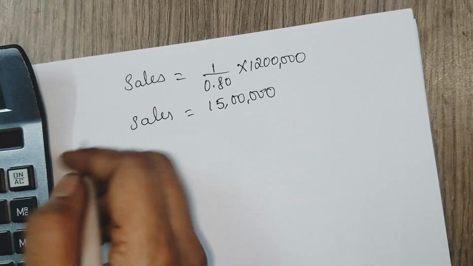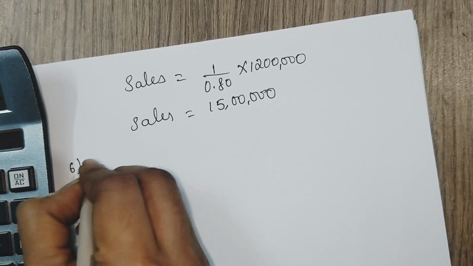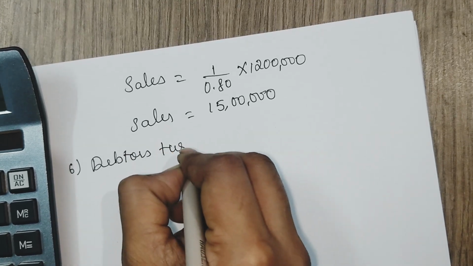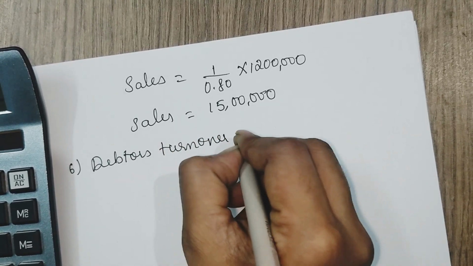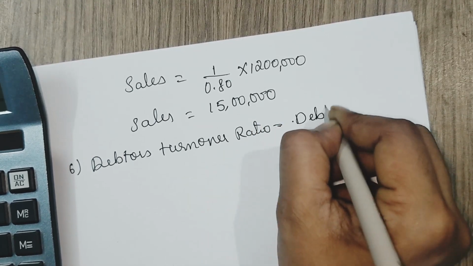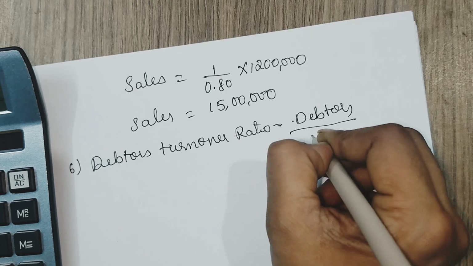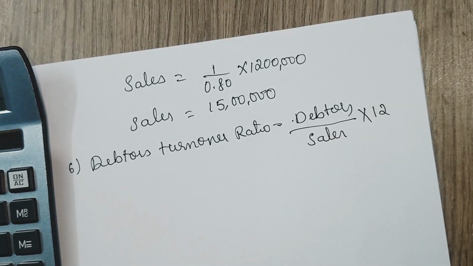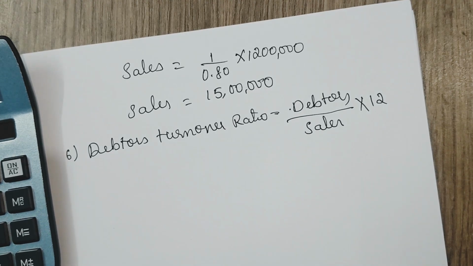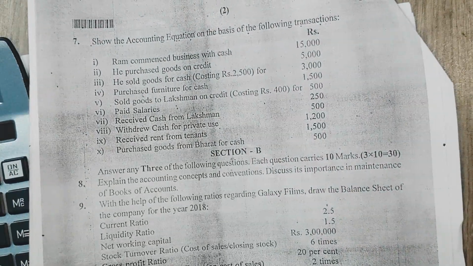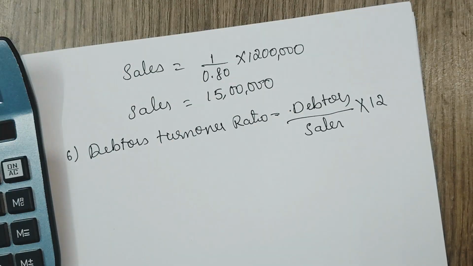Now, debtors turnover ratio. Debtors is equal to debtors by sales into the given period, 12. A month is given, so we are taking 12. Here, debt collection period is 2 months.